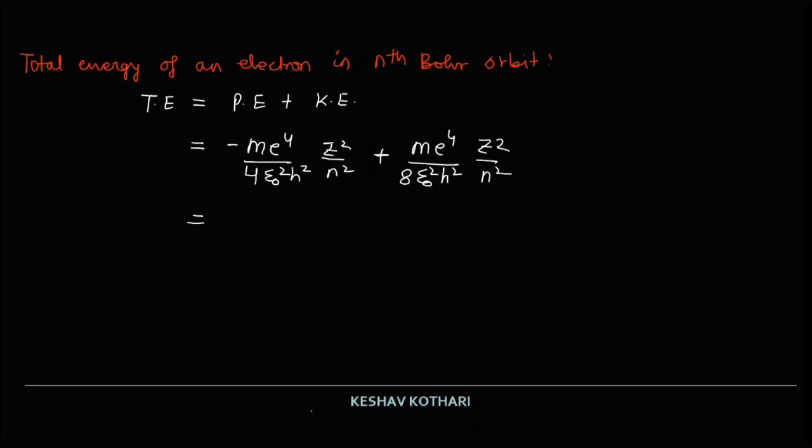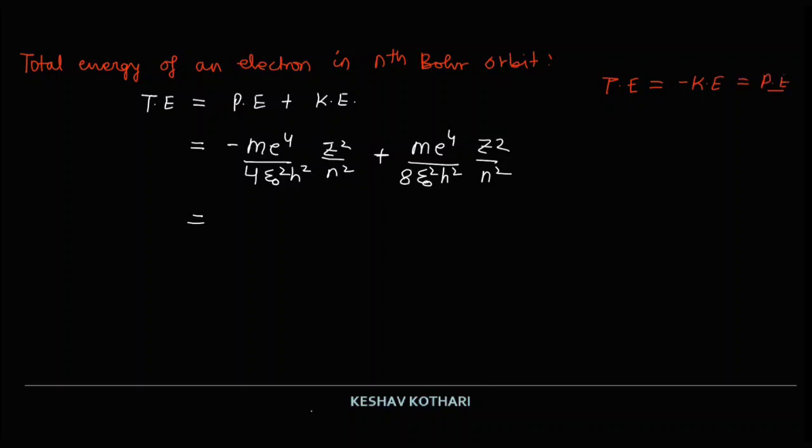So I can say over here, from these two expressions of potential energy and kinetic energy, that total energy is equal to minus kinetic energy is equal to potential energy by 2.